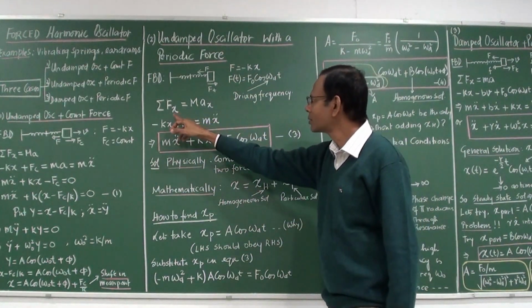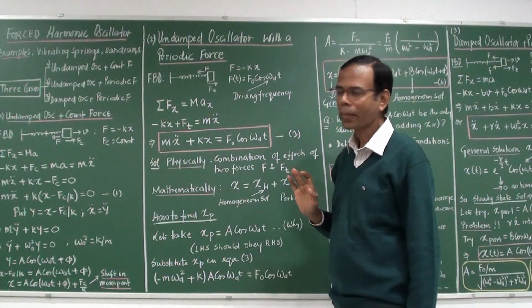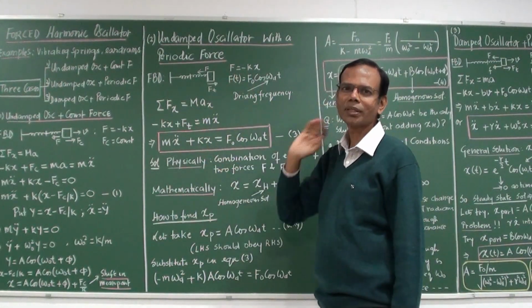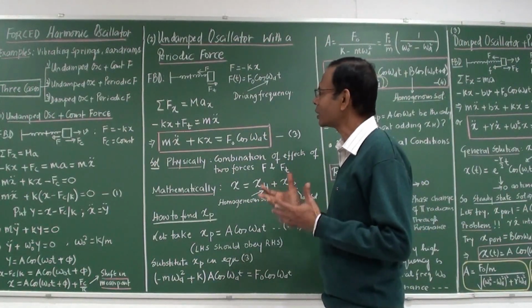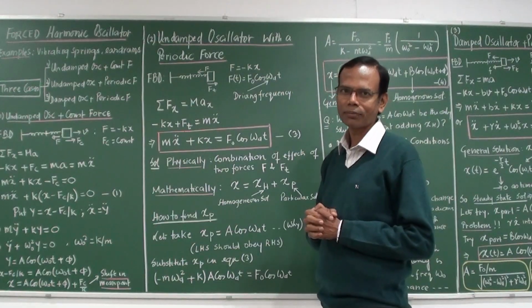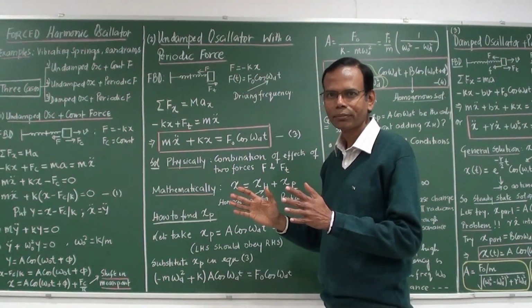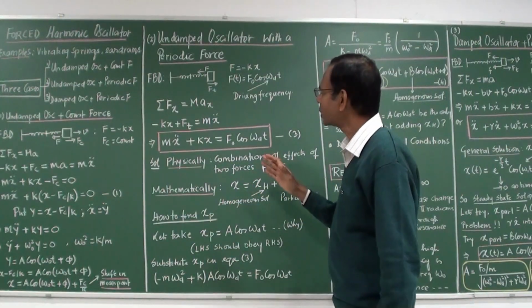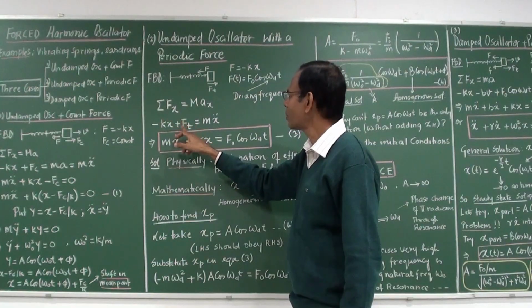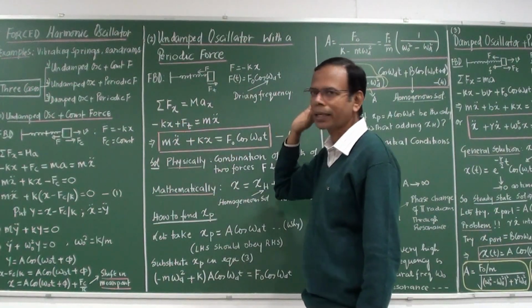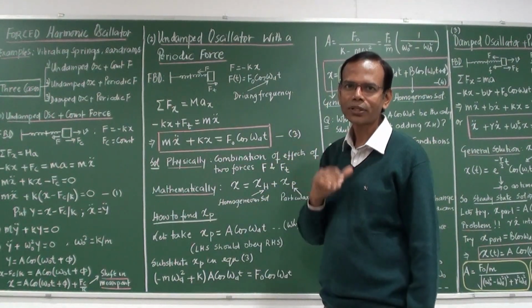So let us write Newton's second law, sigma Fx is equal to max. Everywhere I want to follow these steps so that you get a habit of writing the equation of motion for any body. The way is, first write the free body diagram correctly and then the algebraic sum of the forces, that is minus kx plus Ft is equal to ma, and change a to x double dot, that will give rise to the differential equation.